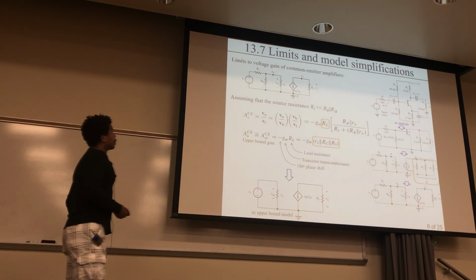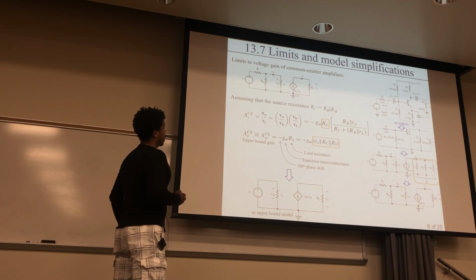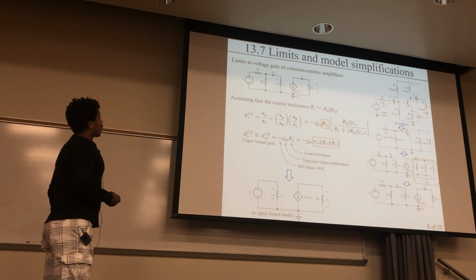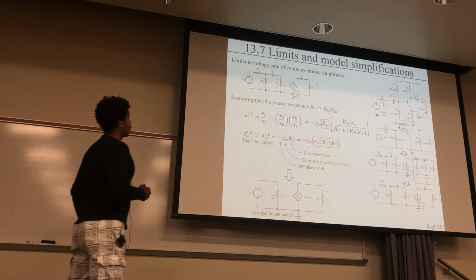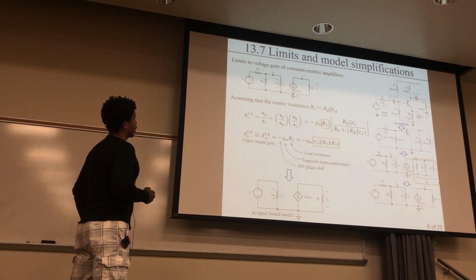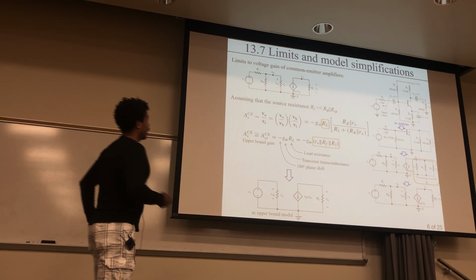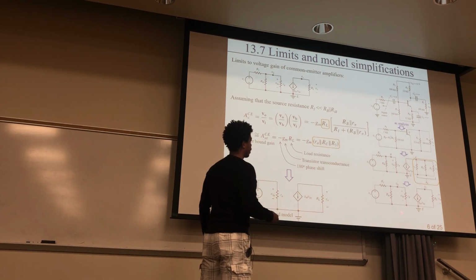All right, so now let's look at the limits and model simplifications. So let's look at the limits to the voltage gain of the common emitter amplifier. So we're going to take it as this right here, and I put this on the side right here just to show you where all this came from.